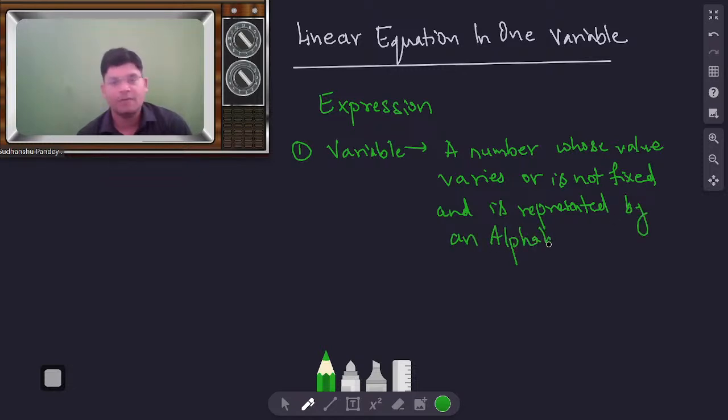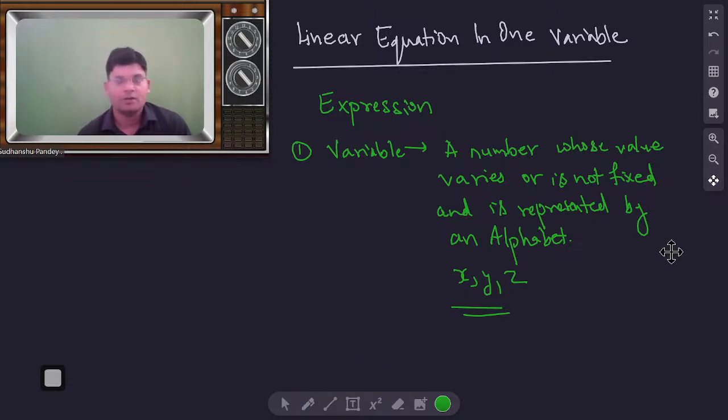When I say alphabet, we can use any alphabet from A to Z, but most of the time we use x, y and z. All right, so this is a variable.